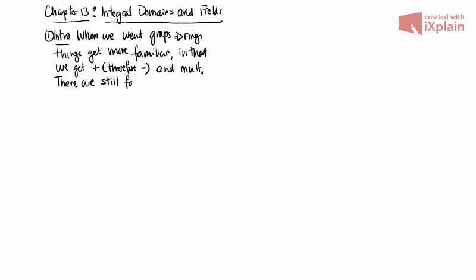So there are still familiar things missing, like division, among other things. From familiar, let's say familiar structures.